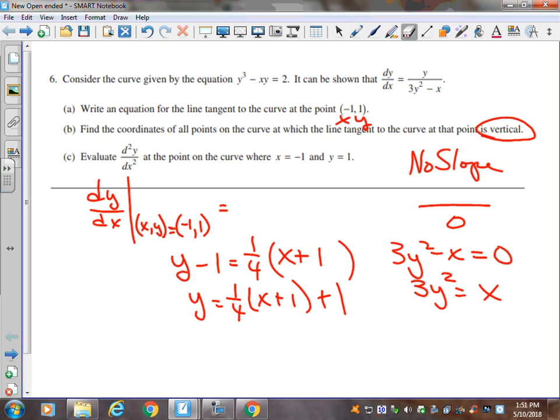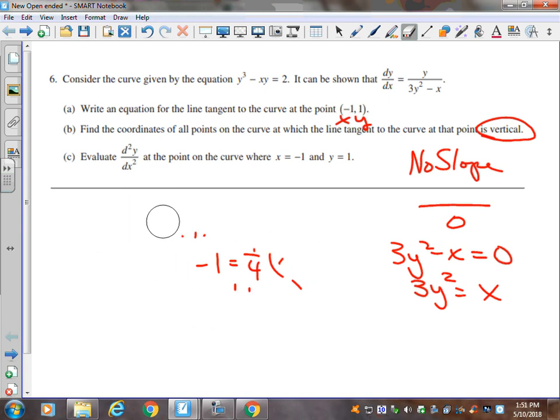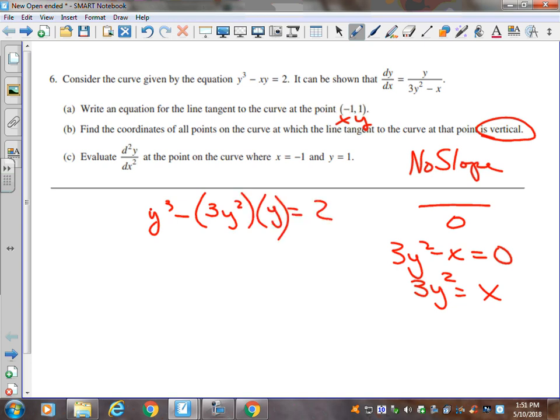So because of that, I have to figure out what values in the original problem will cause that relationship to happen. Since I have 2 unknowns, I have to merge the original problem with the derivative equation. So y cubed minus 3y squared times y equals 2 will get me a formula that has the right relationship for x and y, but all y's.